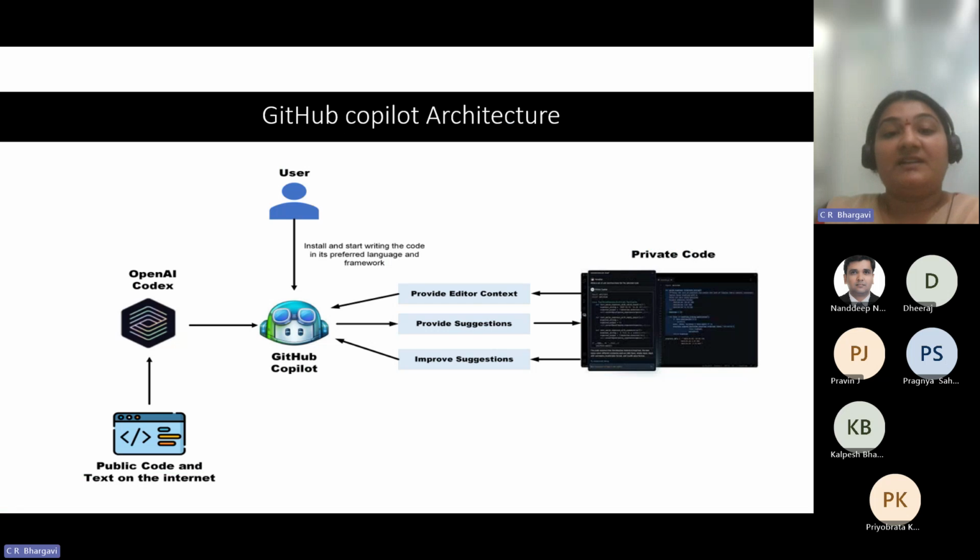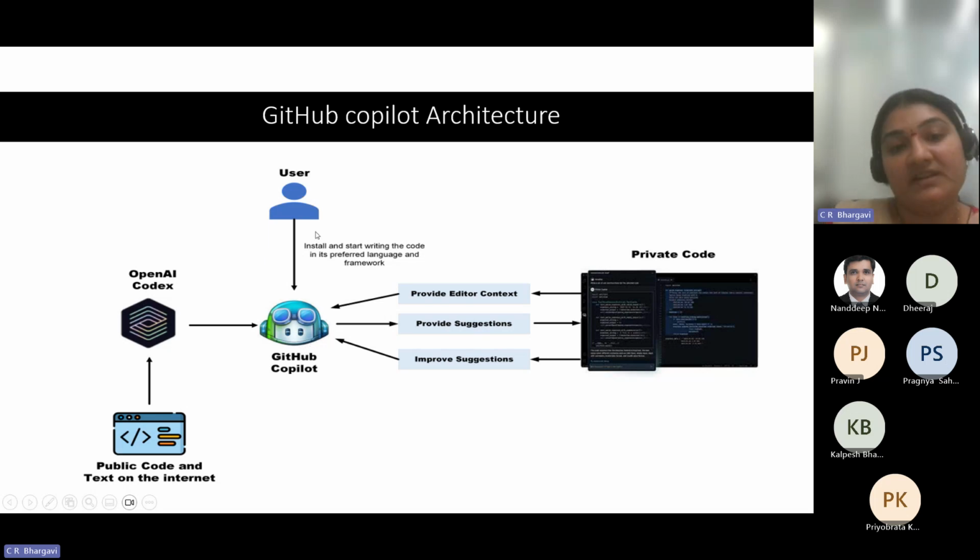When it comes to the architecture, consider we have a user who interacts with GitHub Copilot by installing it and writing code within the framework. GitHub Copilot needs to be installed in the IDE.